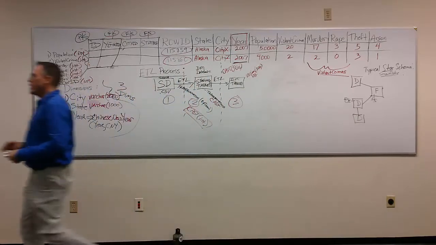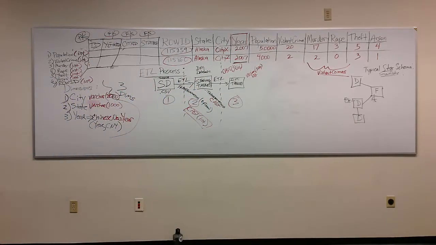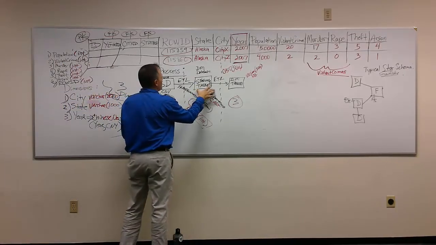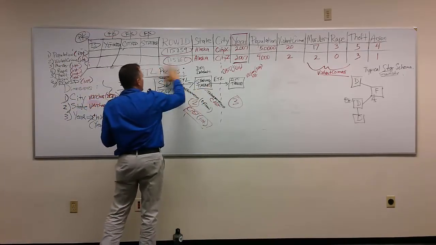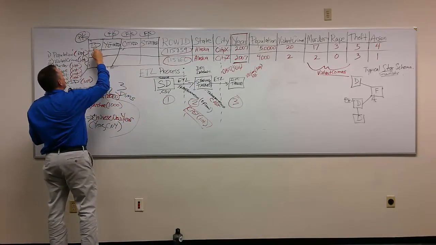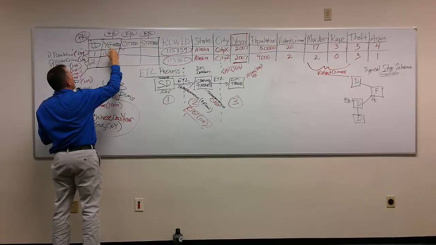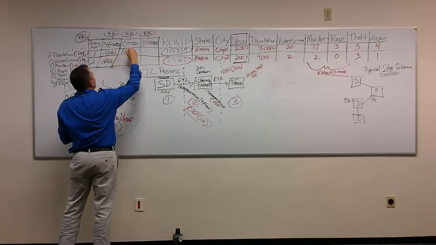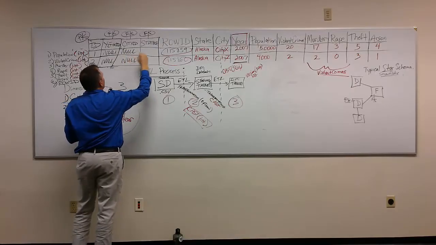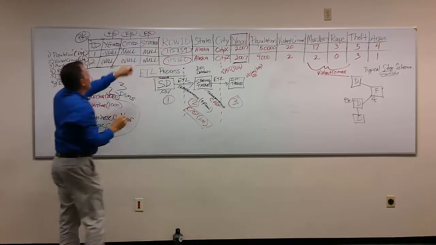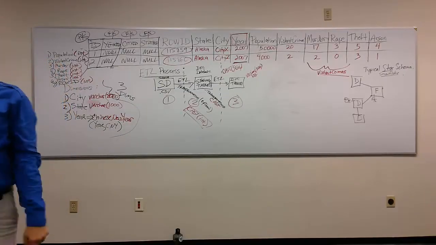Now, here's how the process works to build this staging table. When we populate the CSV, this would be a 1 and a 2, and these would all be null values.